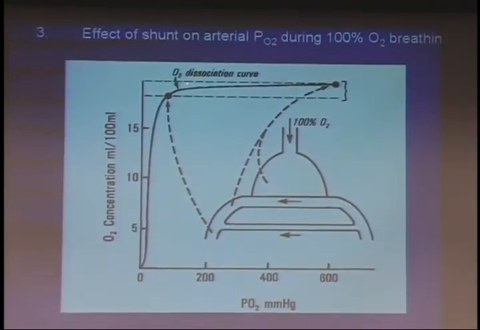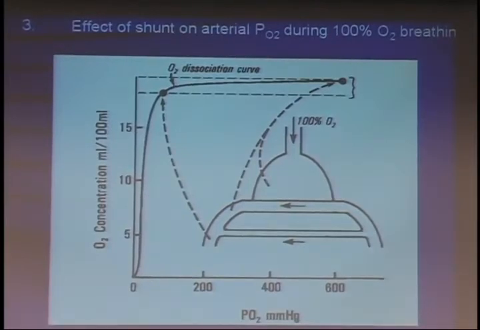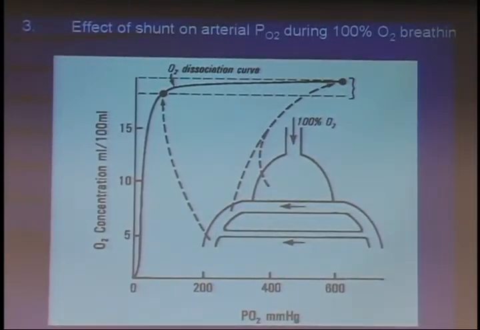Now, when we plot the oxyhemoglobin dissociation curve before, you saw that it was a nice, smooth S-shaped curve. But in this case, we have plotted the oxyhemoglobin dissociation curve over a very wide scale that goes up to 600 millimeters of mercury, and so that makes the curve look more or less rectangular. Now, how would you get to 600 millimeters of mercury? Well, breathe pure oxygen. So what would the diagnostic test be?